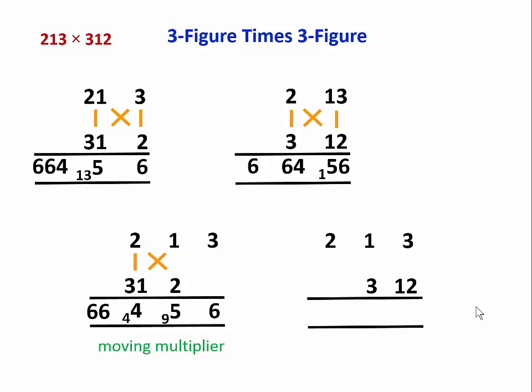Let's just go on to some 4-figure numbers. 2312 times 1234, say. There are again many ways in which we could use grouping and the moving multiplier to multiply these numbers, but I'm only going to do one, just going to apply the vertical crosswise vertical pattern.